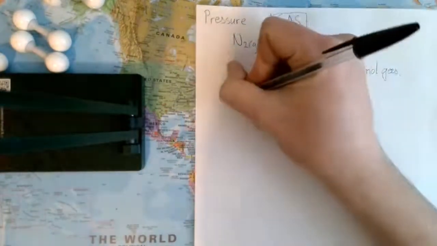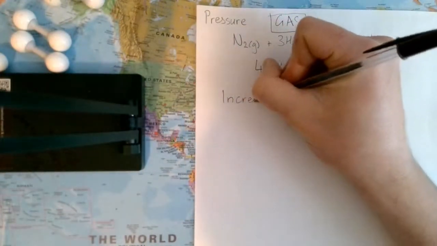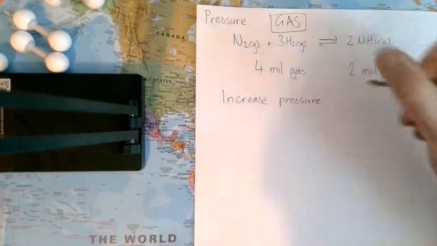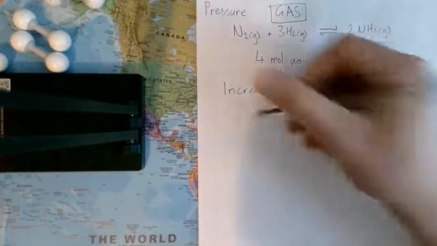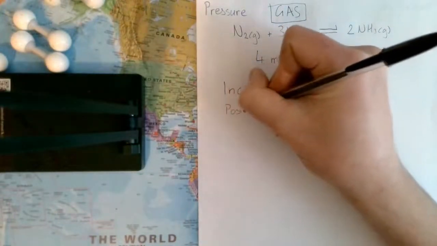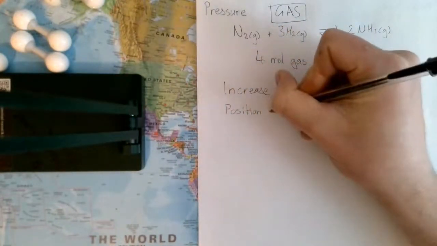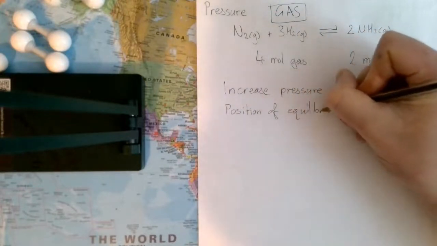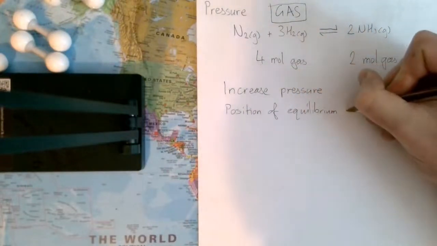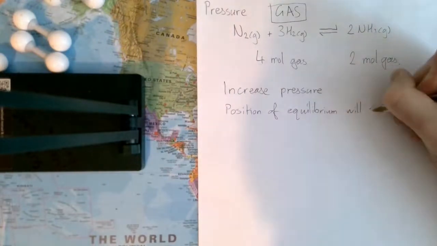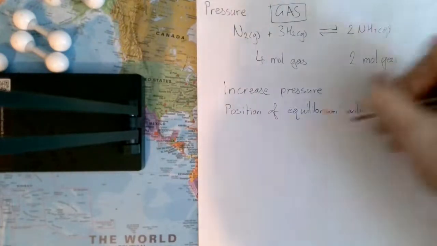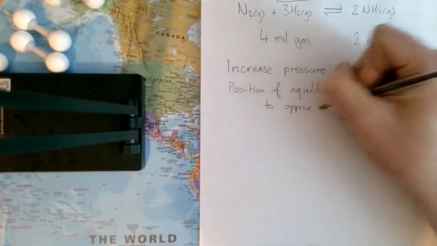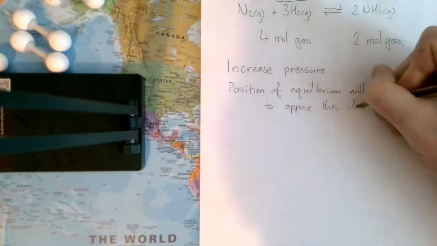So if we increase pressure, the key thing Le Chatelier's principle states is that the position of equilibrium, that key phrase that I used earlier, position of equilibrium will shift to oppose this change.